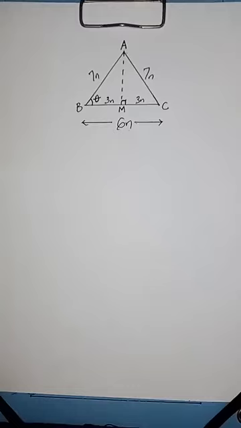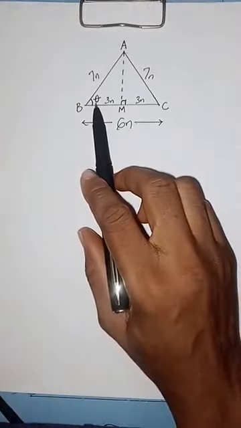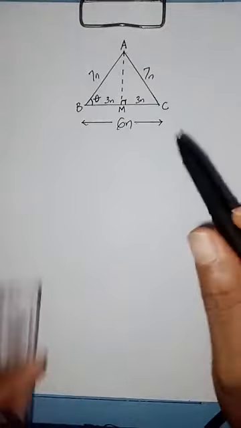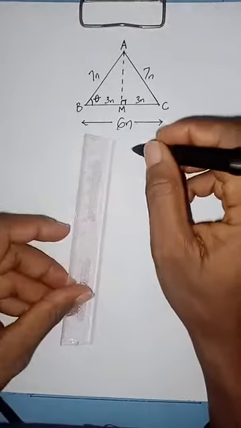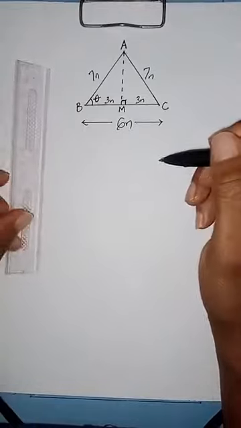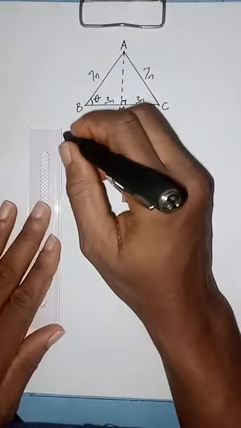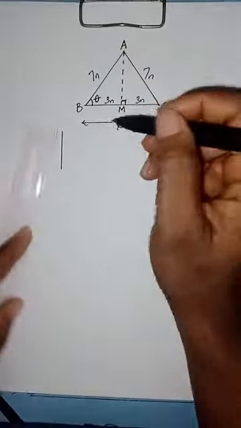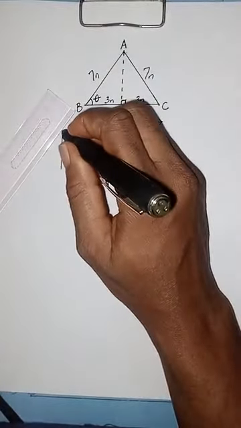So at this point, I can decide to construct one of the triangles because I'm looking for the base angle theta. So let's assume I decide to construct, I'm going to have a triangle like this.